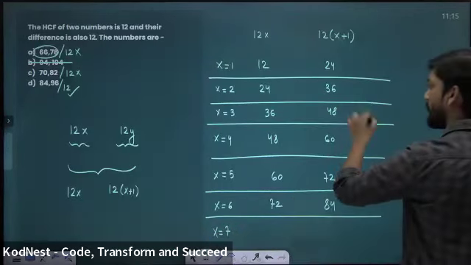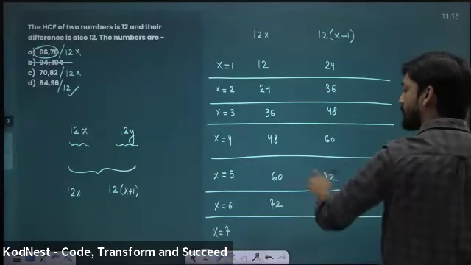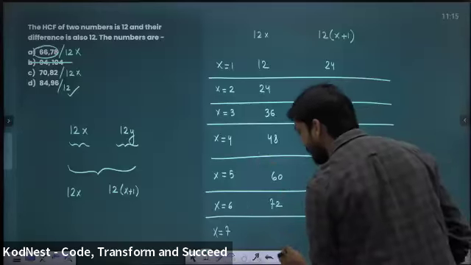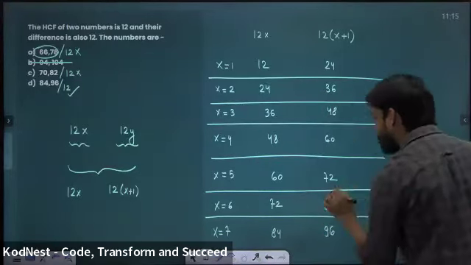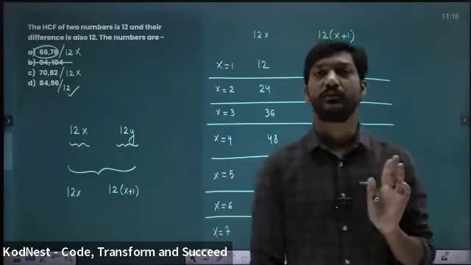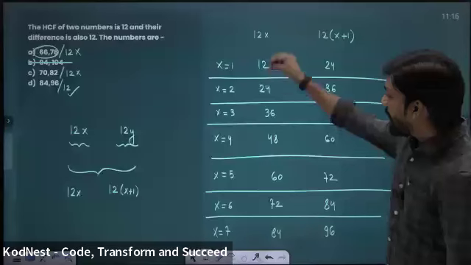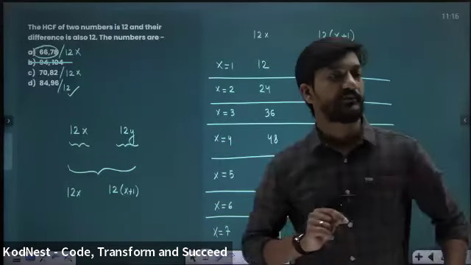I don't know which one will be the option, but yes, this is right, this is right, everything is right. I will have to check the option only because I don't know which is in the option. I will have to check this way if I don't solve it by the options.